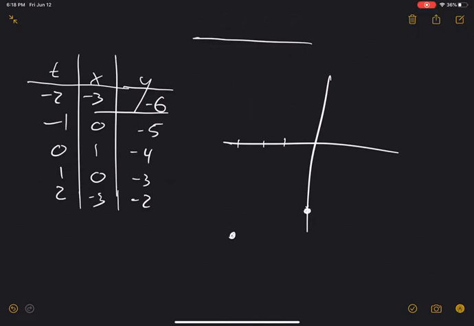Then I got 1, -4, so that's like here. Then I get 0, -3, which should be like here. And then I get -3, -2.